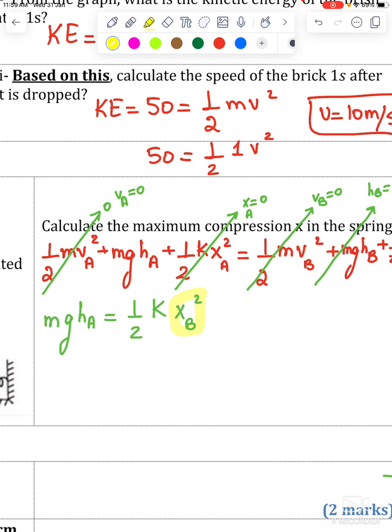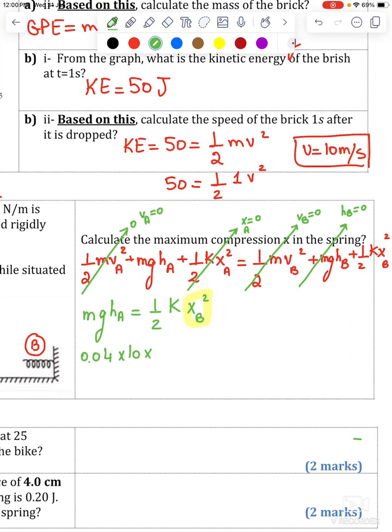Now let me replace everything by its value. So the mass is equal to 0.04 times 10, the height is 5, equals half, K I have it 400, now x B squared.